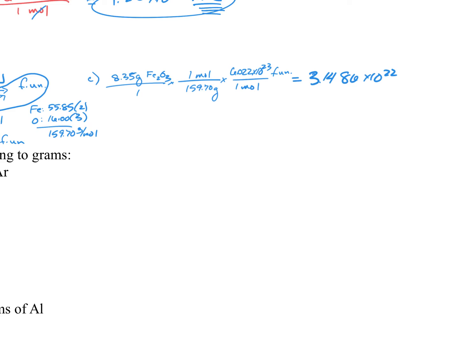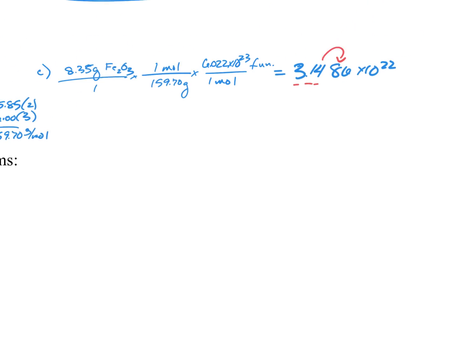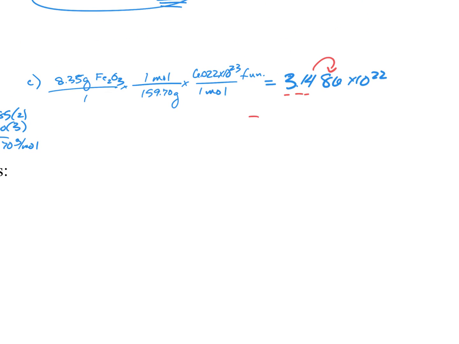Because the number we start with has 3 significant figures, we have to round our final answer to the 3rd significant figure. So this 4 is followed by an 8, which rounds up to 3.15 times 10 to the 22nd formula units.